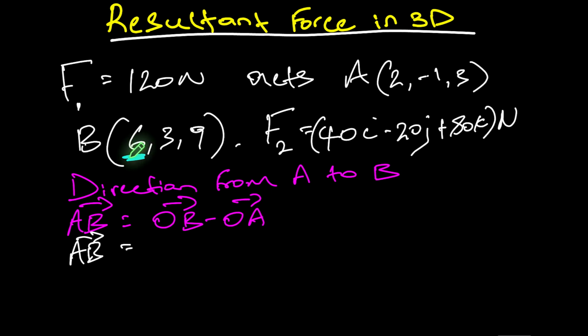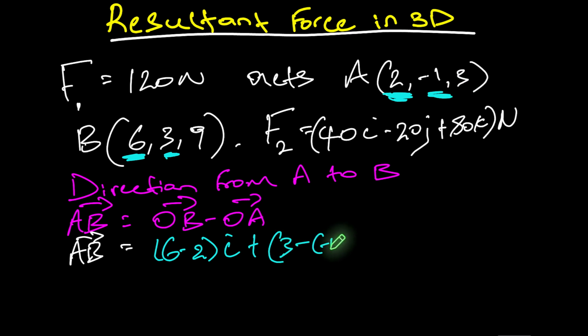The X coordinate in B is 6, and the X coordinate in A is 2, so we do 6 take 2, and that's the i component. Plus, we do the same thing now. We're going to do 3, so that's our 3 right there, take away -1. So we have 3 take -1, and that right there is our j component.